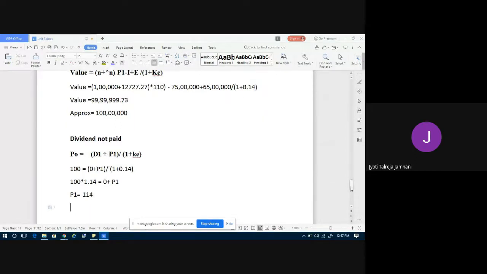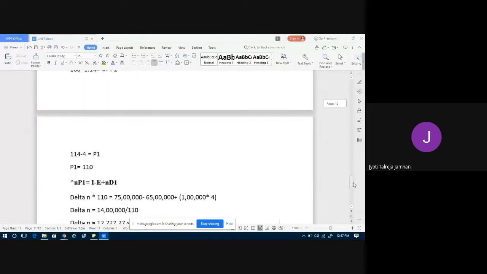Now we'll find the new number of shares.